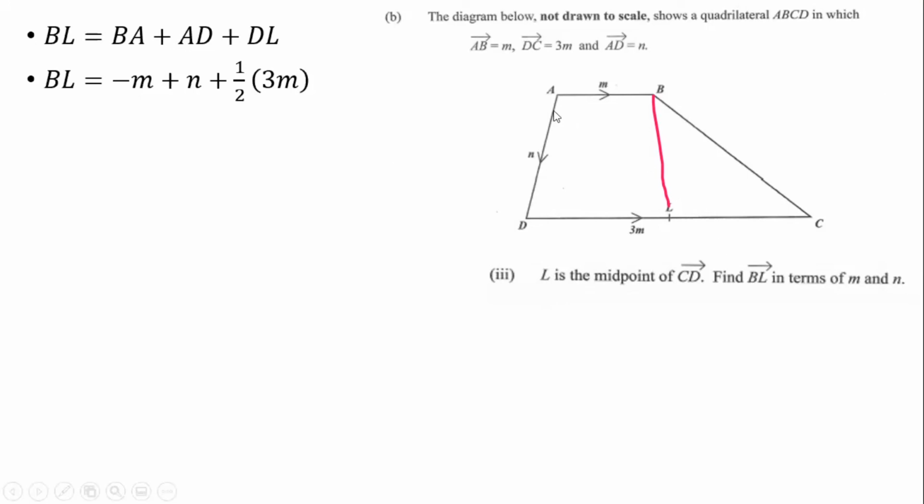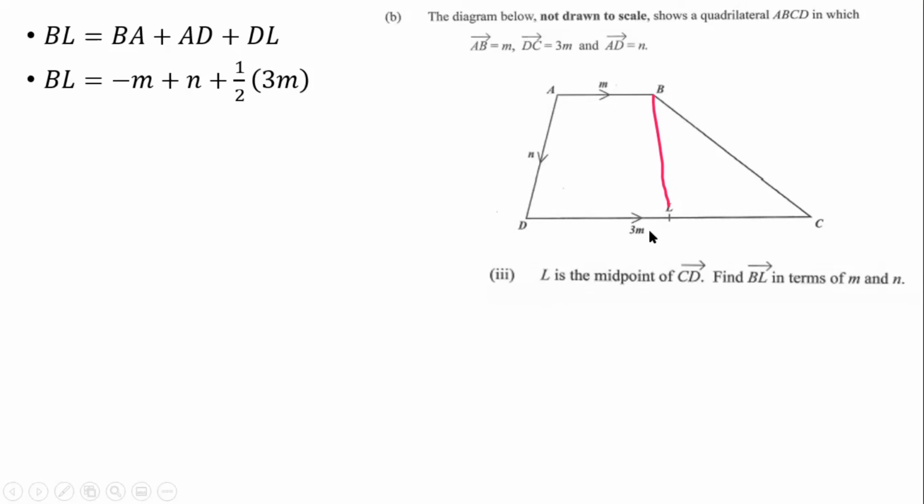And what we know is that L is the midpoint of DC, and the magnitude of DC was 3M. So if L is the midpoint on DC, it means that DL would be half of 3M.